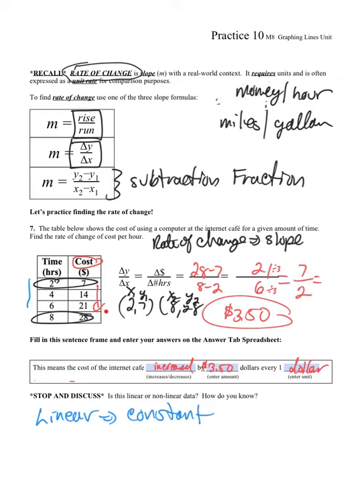If you go down the x's, they increase by 7. So constant changes in the x and y determine it to be linear.